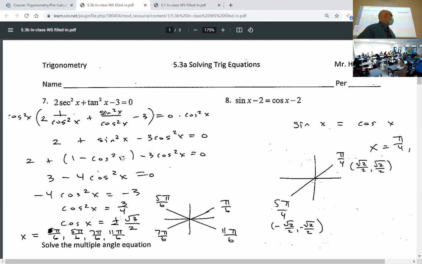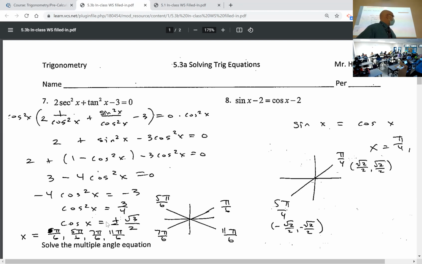So now everything's in terms of cosine. I've got 2 plus 1 is equal to 3, minus cosine squared minus 3 cosine squared is equal to -4 cosine squared x. So that tells me that cosine squared x is equal to 3/4.